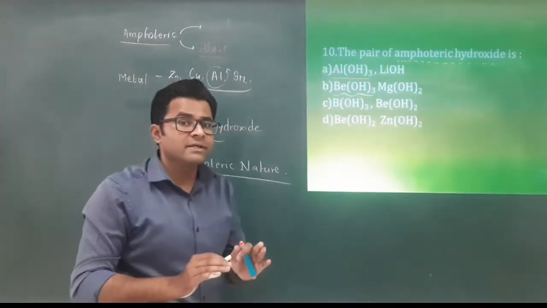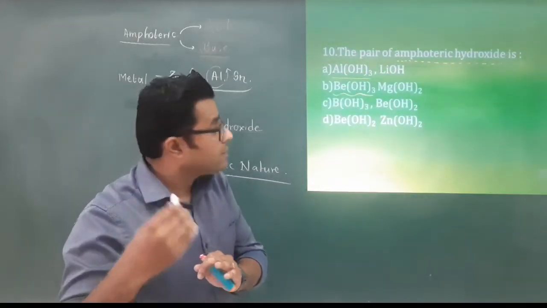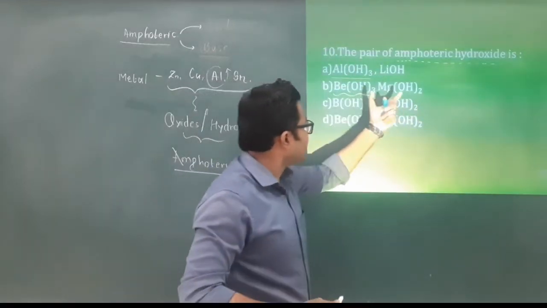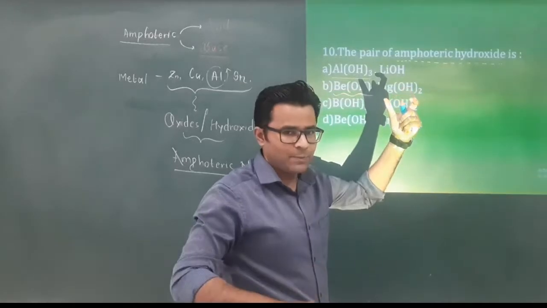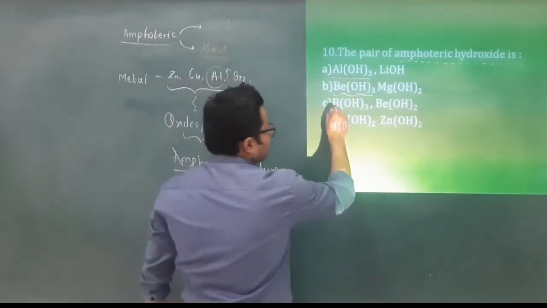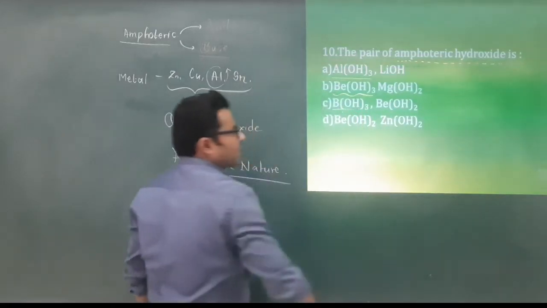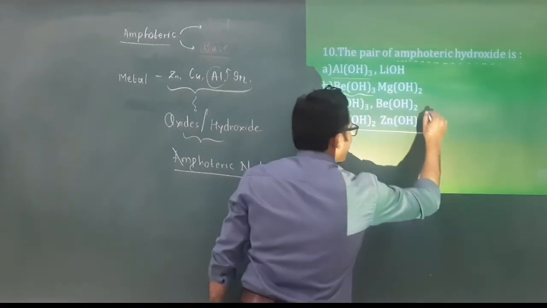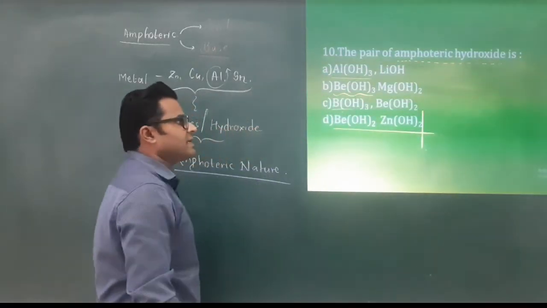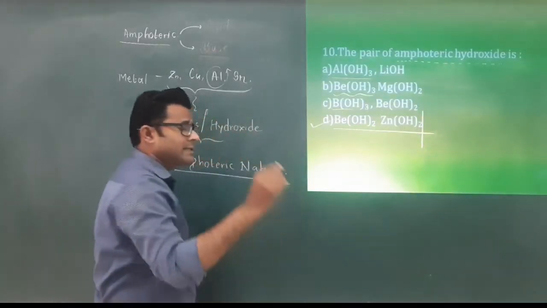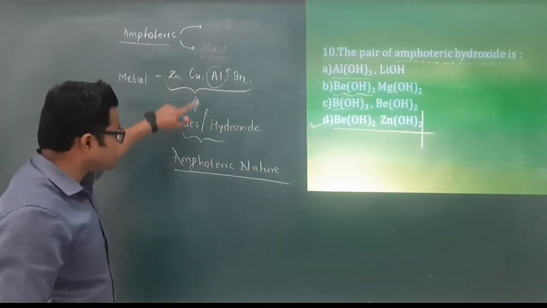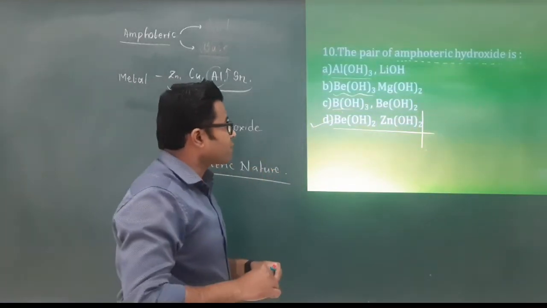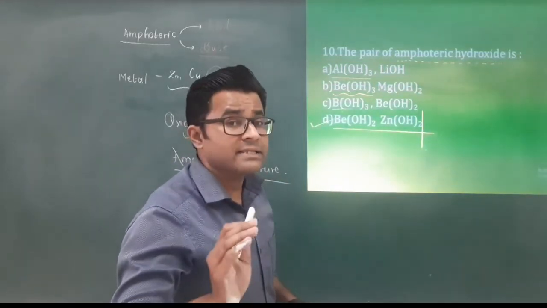We have already discussed this in the properties of beryllium hydroxide. But magnesium hydroxide, no. Beryllium and barium hydroxide, again not a correct option. So zinc and beryllium hydroxide is the correct answer. Remember this scenario. The pair of amphoteric hydroxides are beryllium hydroxide and zinc hydroxide.